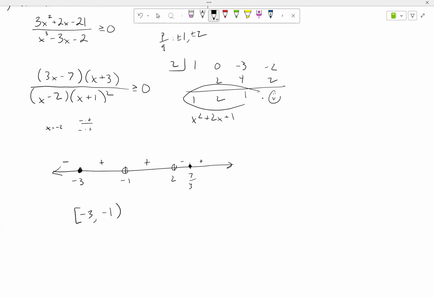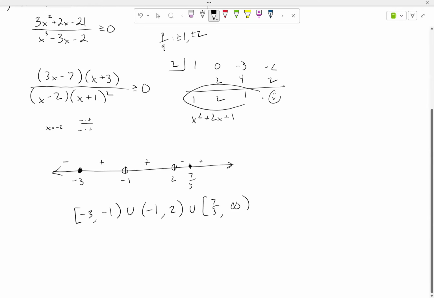And then I did the union, and I did -1 with the open bracket, comma 2, open bracket. And then the union, close bracket 7/3, comma, infinity.